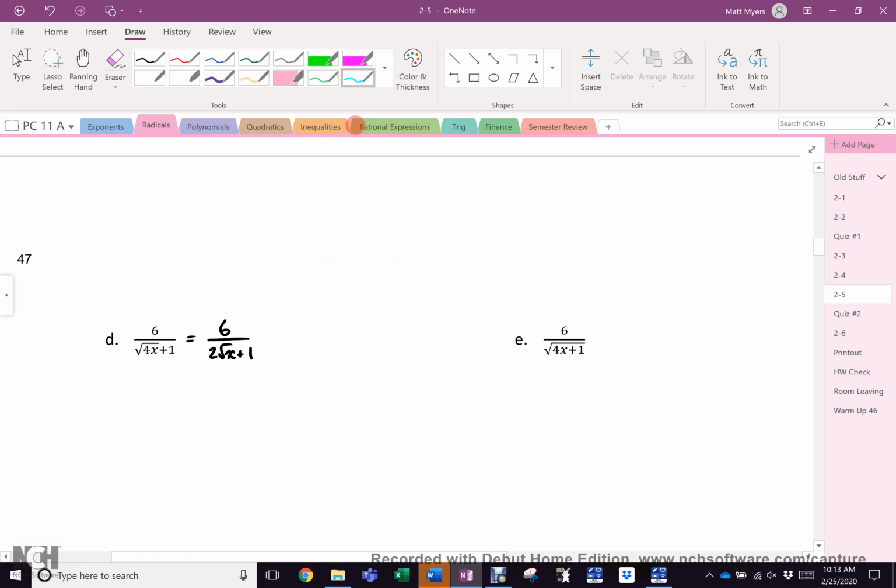What's the conjugate of that denominator? 2 root x minus 1 over 2 root x minus 1. And then we just do our work. What is 6 times 2 root x? 12 root x. What is 6 times negative 1?